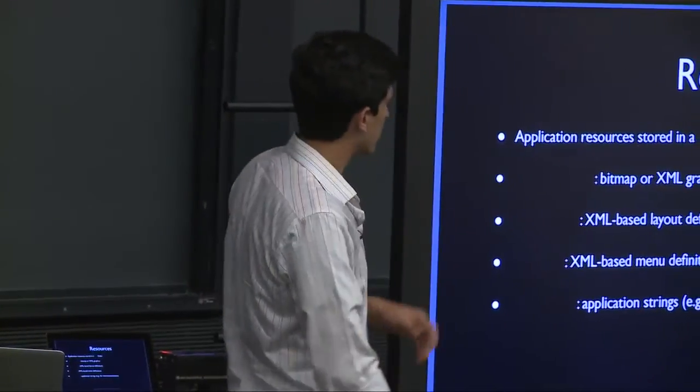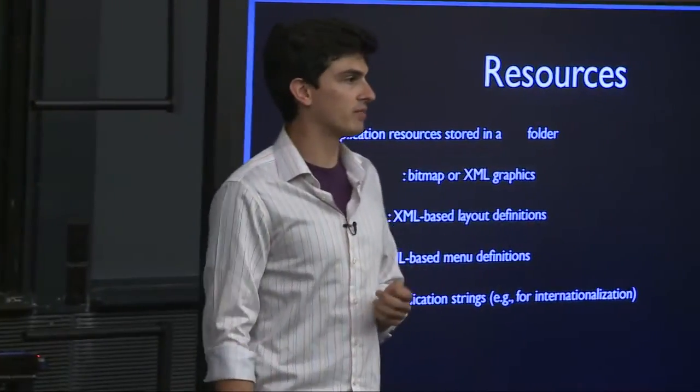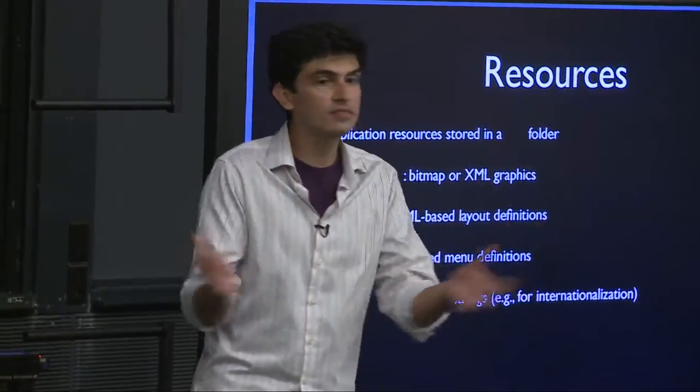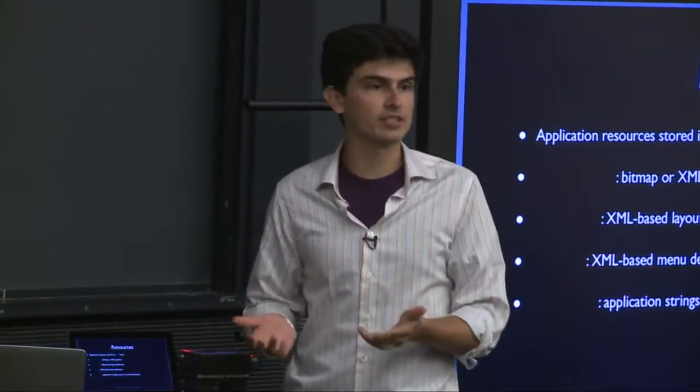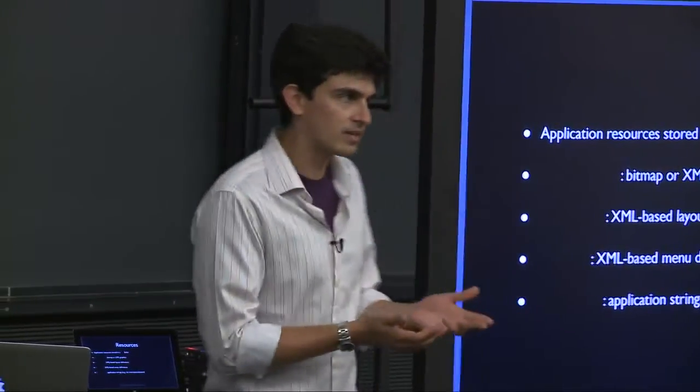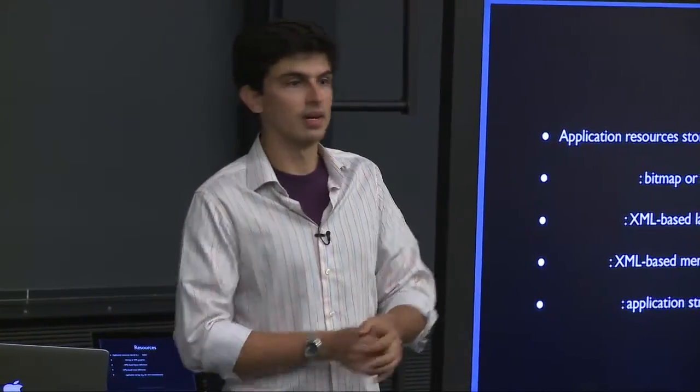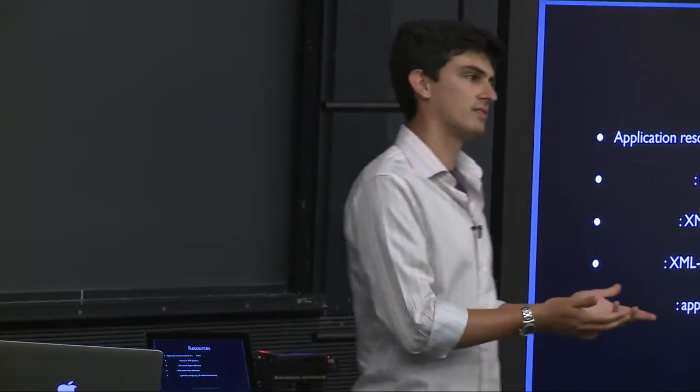Now, these resources are, in fact, included within a file that's called an APK file. An APK file is, in fact, your Android application. And what's neat about this APK file is that you can actually download an APK file onto your computer. You can rename APK to .zip, unzip it, and see what the contents of that application actually is.